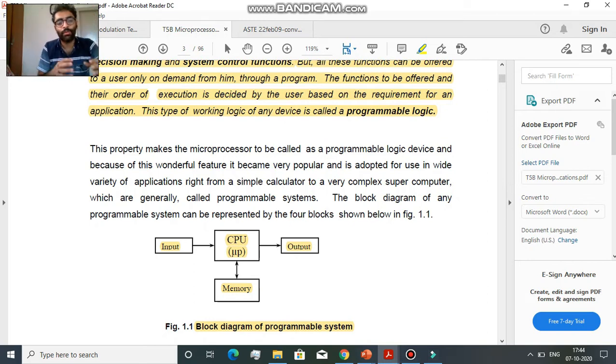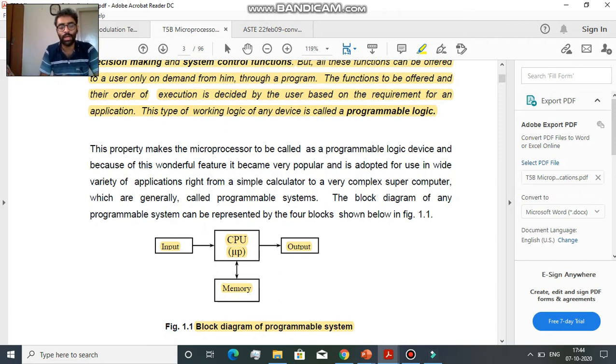Once you get an input from the user, the function of the microprocessor is to get the data from the input, do the necessary logic on that particular set of input and give the output.